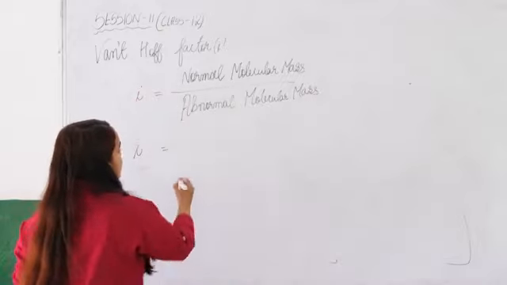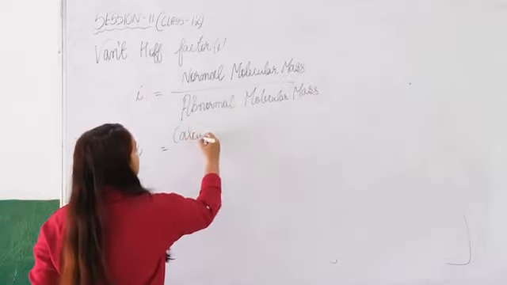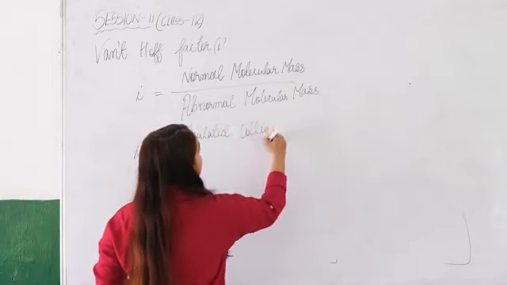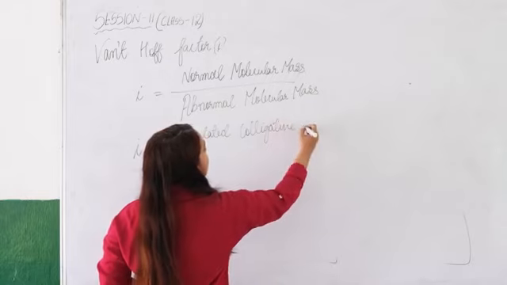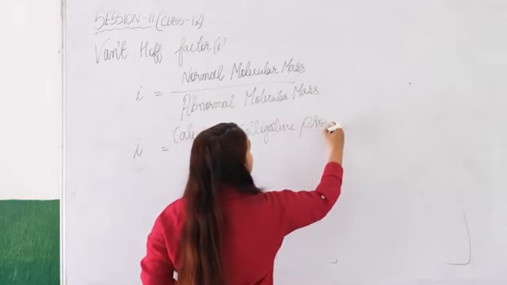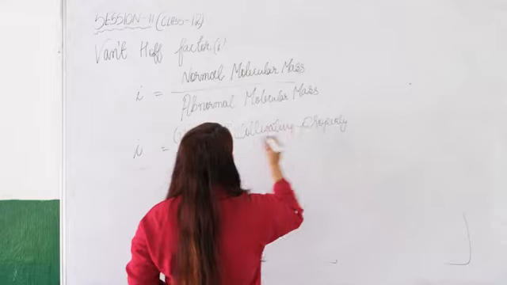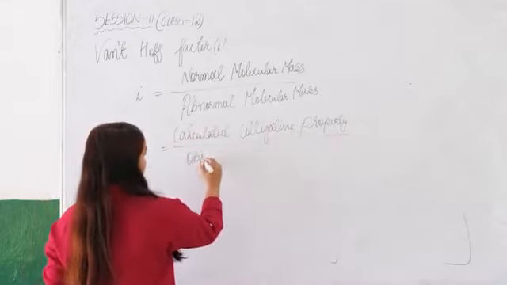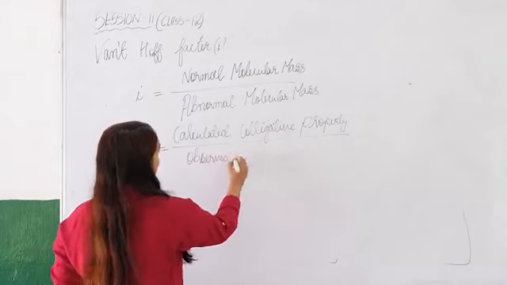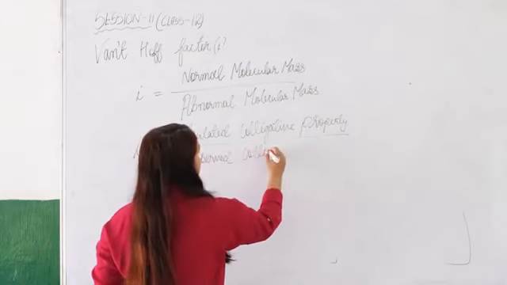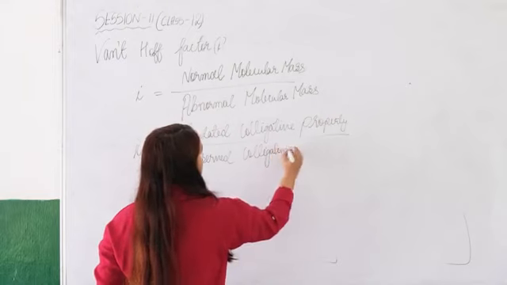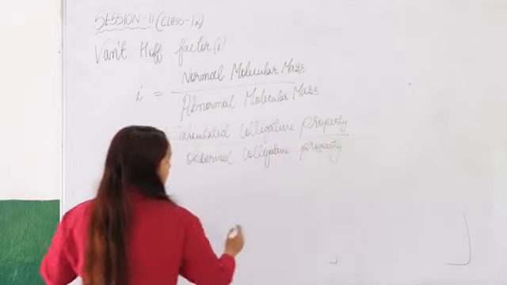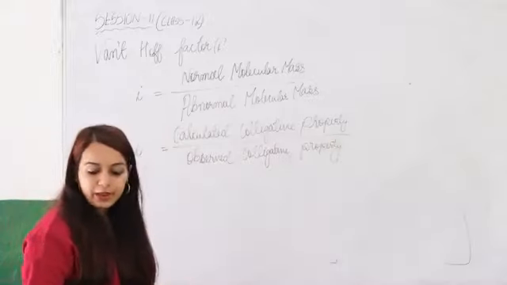It can also be written as calculated colligative property by observed colligative property. This is how Vant Hoff factor is defined.